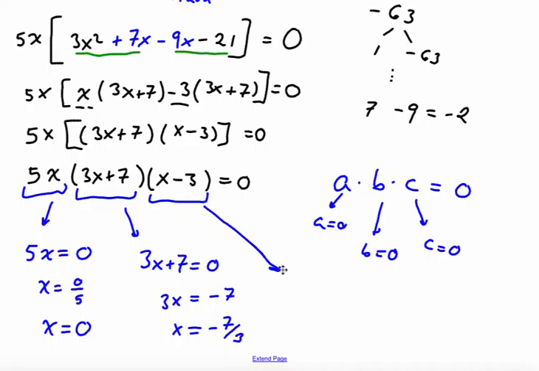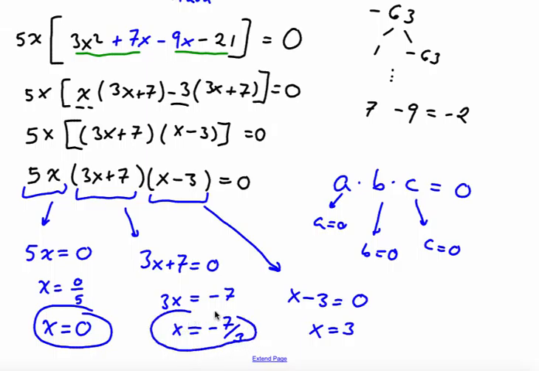Or, third option, x minus 3 equals 0, which happens when x is equal to 3. All right, so this time I have 3 solutions. Either x is 0, or x equals negative 7 thirds, or x equals 3.